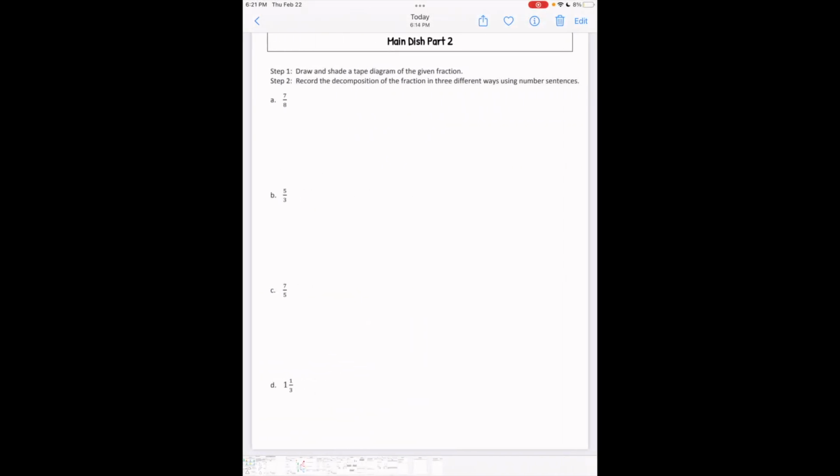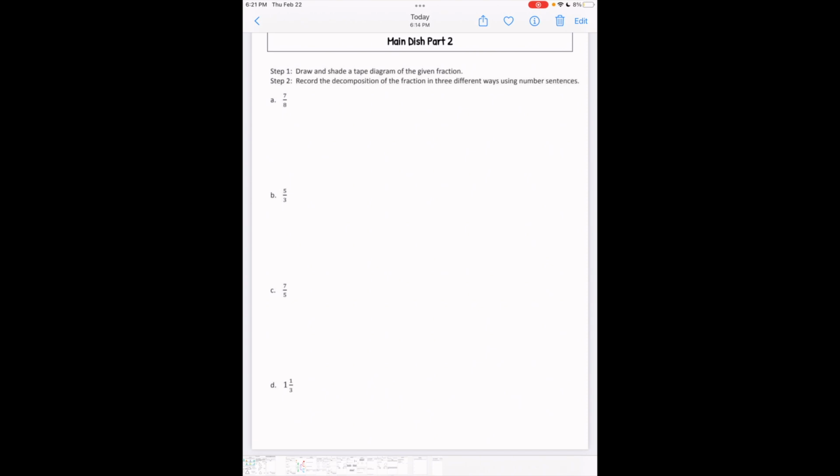Turning to main dish part 2, it's going to have you do the exact same thing. It says draw and shade a tape diagram for the given fraction and then record the decomposition of the fraction in 3 different ways using number sentences. So same thing that you just did, you should be able to decompose all of these fractions at least 3 different ways. After you're done with that one, you can check your work with me and then move on to your dessert.